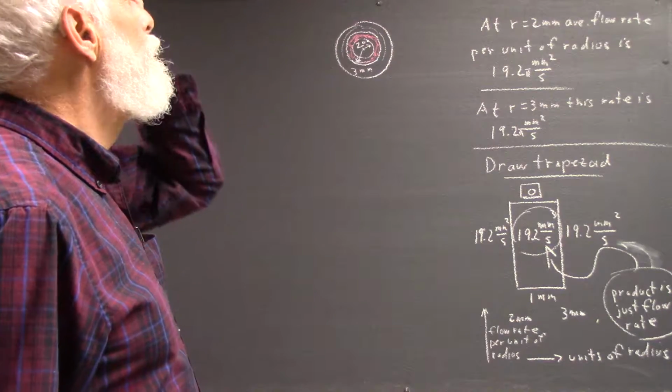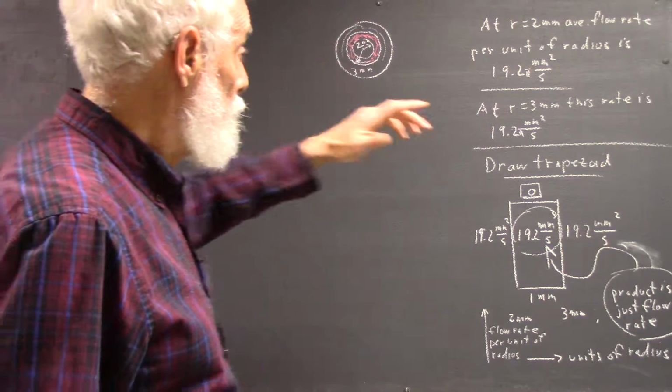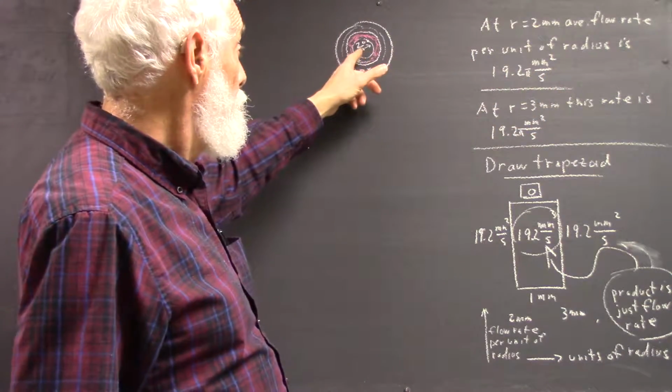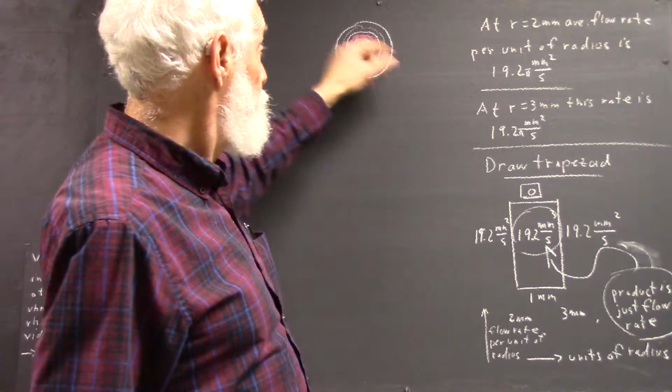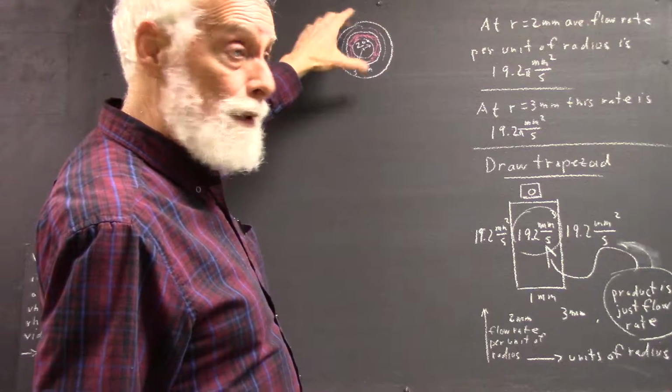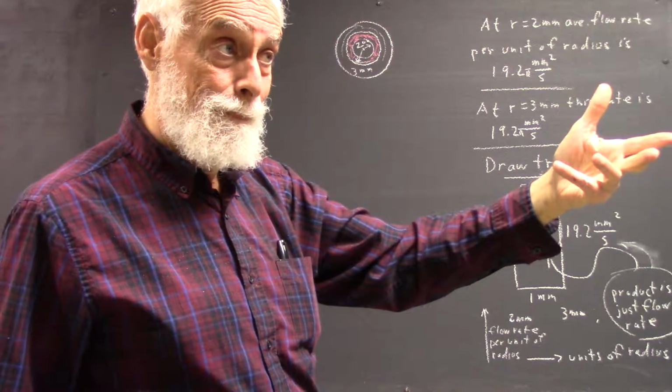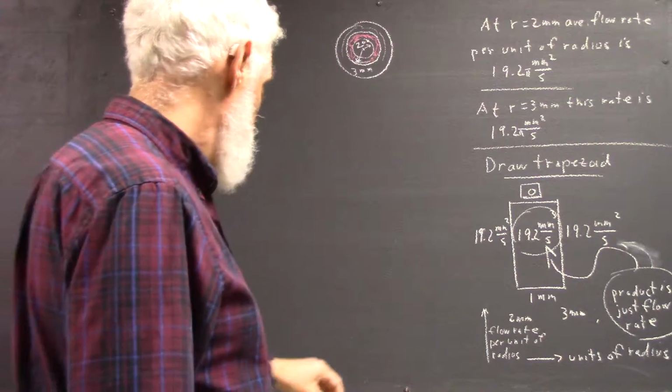What you would really do is figure out this flow rate as a function of R to get the actual flow rate, because this is only an approximation. To get the actual flow rate of the blood, you do an integral. I'm just going to make a note.